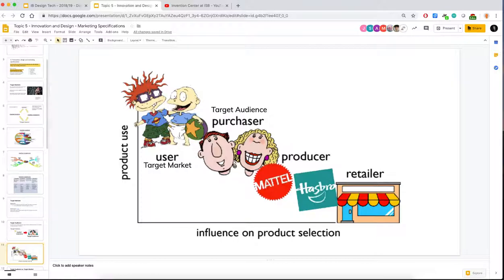So that's the target market. Versus the audience is the people who are going to buy it. If you're going to advertise for toys, you would want to advertise to the parents, even though the market is for kids, because ultimately, who's going to buy it? The parents. Exactly.